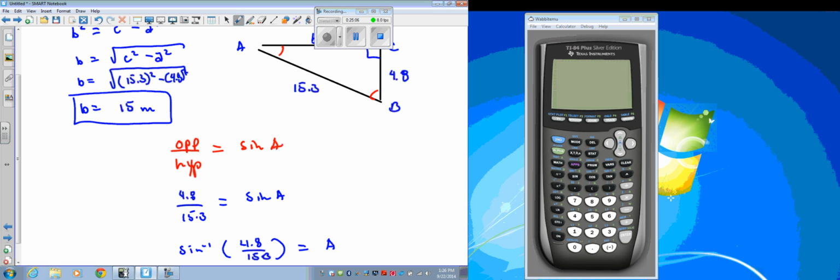So I'm going to do, I could turn it on. Second, sine inverse. See, and I get that sine inverse. So you got to go 4.8 divided by 15.3.